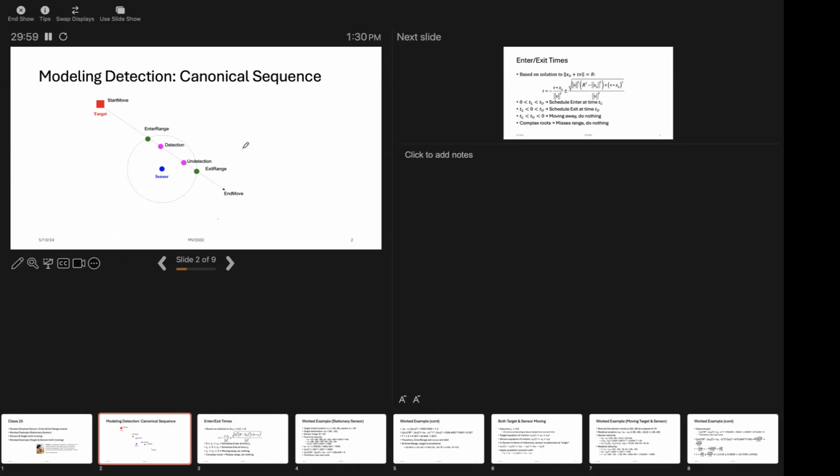And from your frame of reference, you're stationary at the origin and the world is revolving around you. Kind of like my youngest son. From the sensor's frame of reference, it is stationary and everything else is moving.